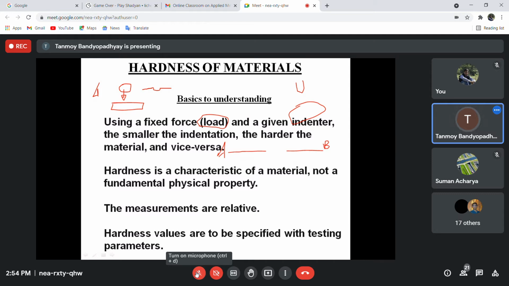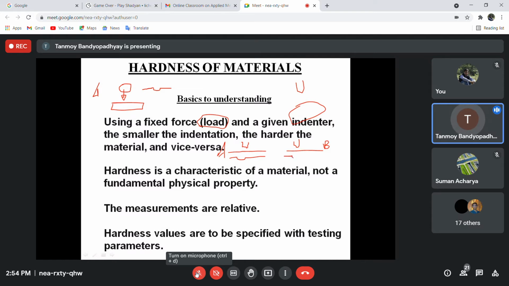Once I fix these two, suppose I am indenting using this indenter, and similarly this one is the indenter. I am indenting the surface of the specimen. If I apply the load using this indenter, the specimen will be deformed, so there will be some amount of penetration on the surface.